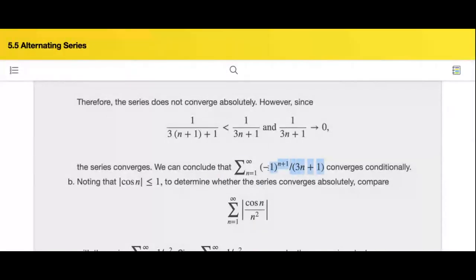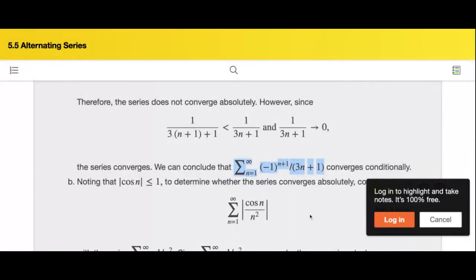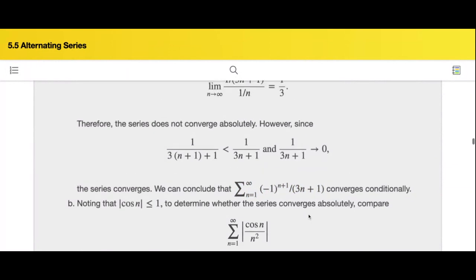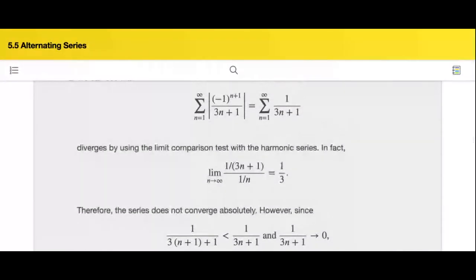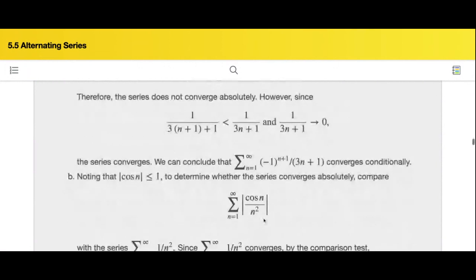So we conclude this series converges conditionally. Okay, anyone has any questions? All right, keep moving.